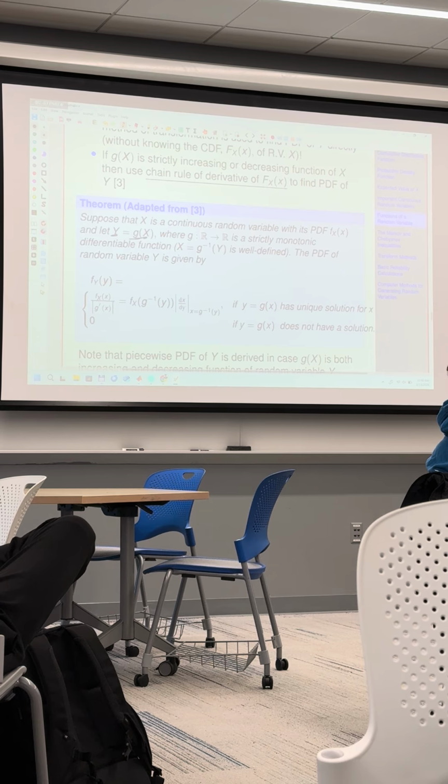It has to be strictly increasing like that, or strictly decreasing like that. Then you can differentiate g of x with respect to x, and you can also find x in terms of y. It is well defined, a unique solution. Only then can you find the PDF directly.